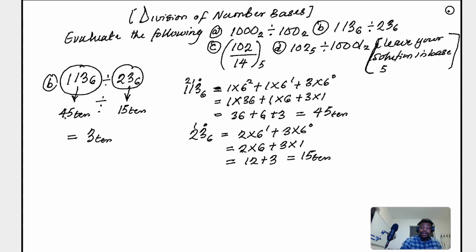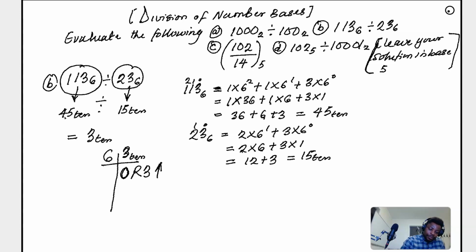But remember, our question, the base is in base 6. So we have to convert 3 in base 10 to base 6, which is done by successive division. So 3 in base 10, we are dividing by 6. 6 divided by 3, not possible, 0. Then you say remainder what you have here, which is 3.